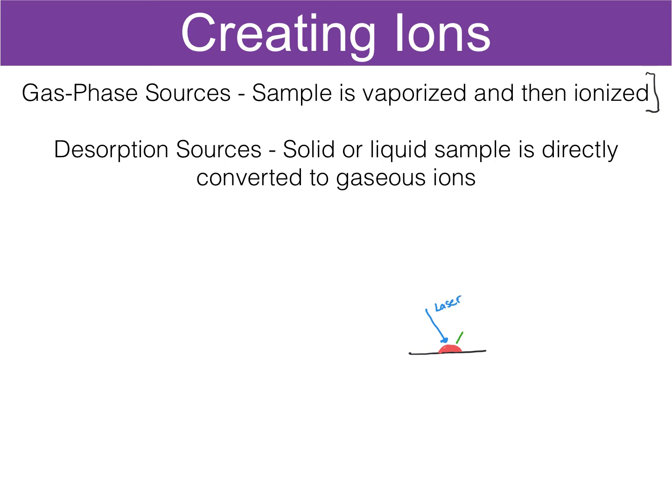And coming off of the sample are ions. And so a desorption source takes your sample and directly converts to gaseous ions. We're going to focus on gas phase sources because this is what we have in the lab.